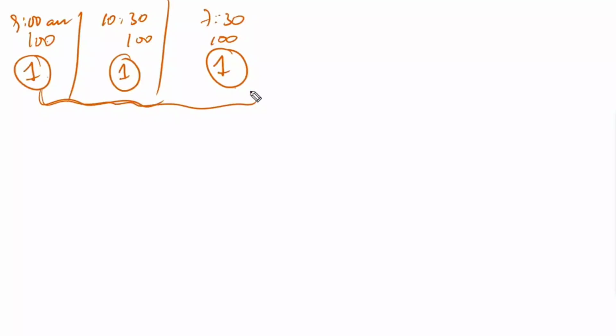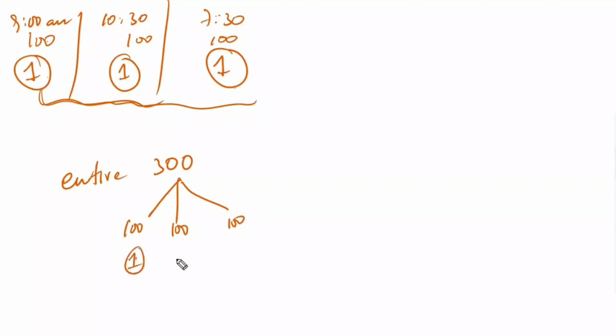If you want the overall best, don't select all 300 again. Just select only 1 from each batch, and compare between these 3. So whatever the entire data is, instead of 300, if you want to know who is the best, first divide the data into parts: 100 students, 100 students, 100 students. In each, identify who is the best.